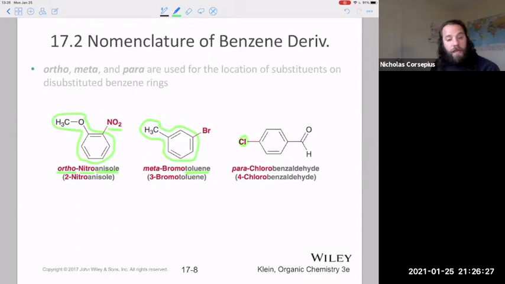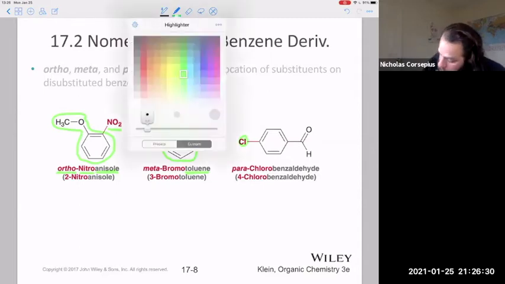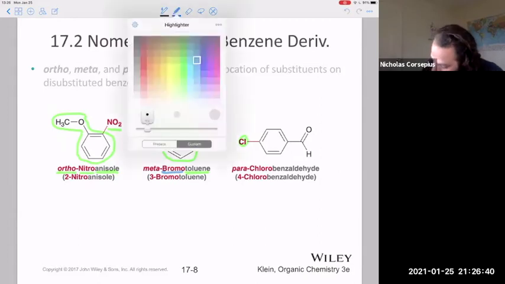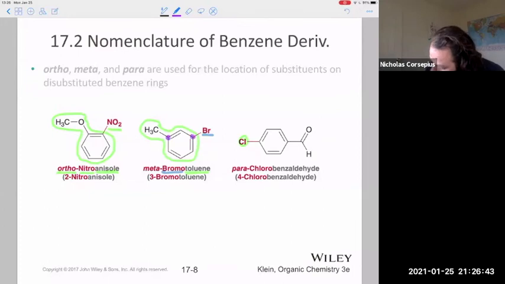There is a bromo substituent, and they are located 1 and 3 apart. So that is why it is a meta-bromotoluene.